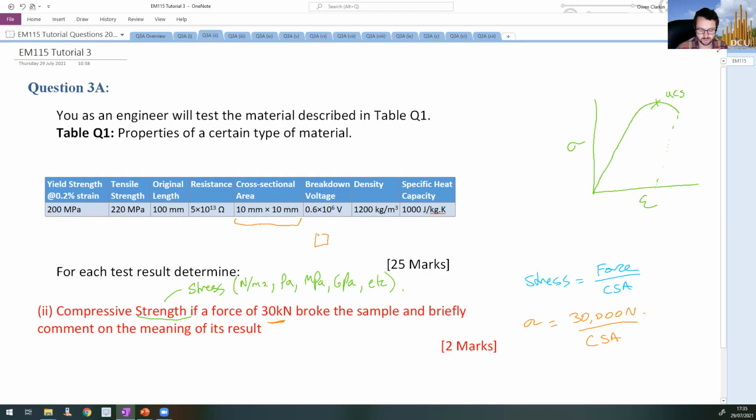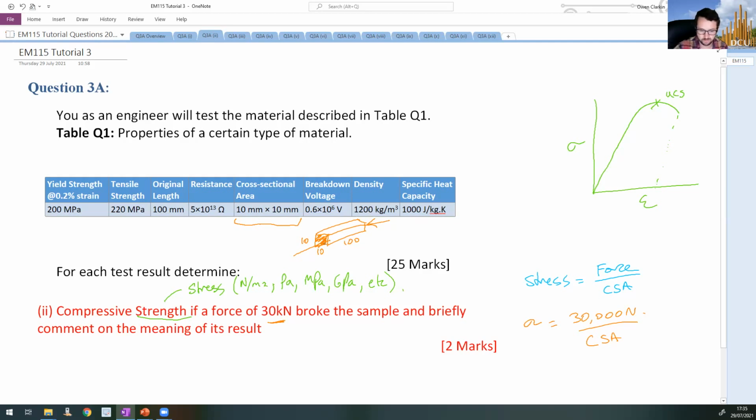So the dimensions are 10 millimeters by 10 millimeters by 100 millimeters this way, okay? Let's assume that our compressive force is going this way. So the cross-section area is 10 by 10. Okay.